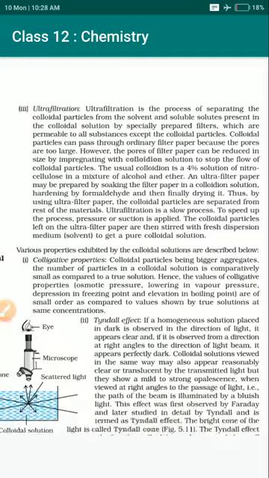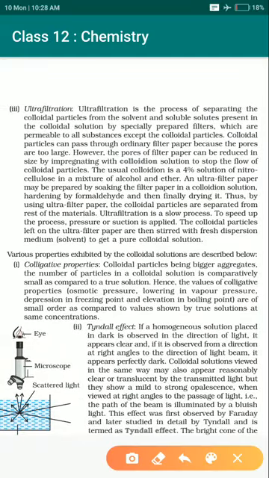Next, the most significant method of filtration, ultrafiltration. So what is ultrafiltration?